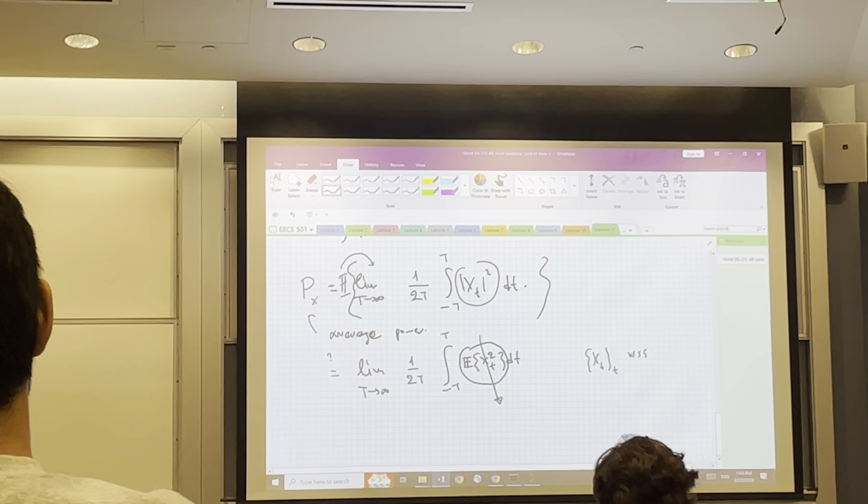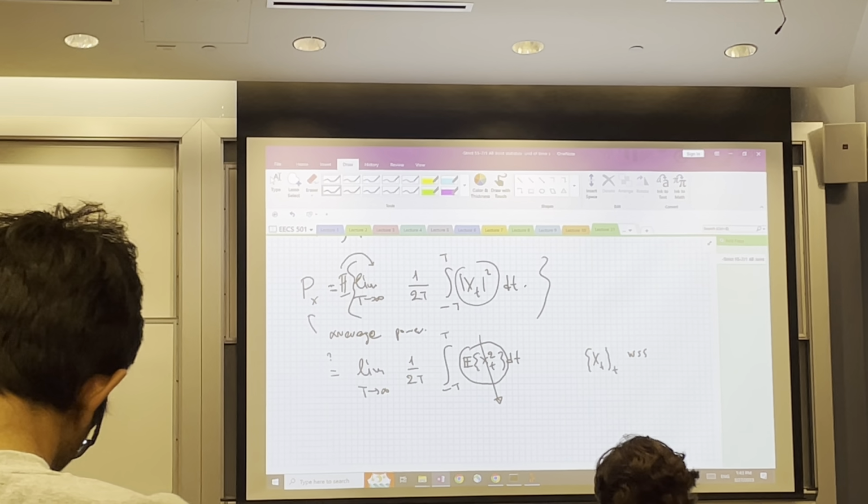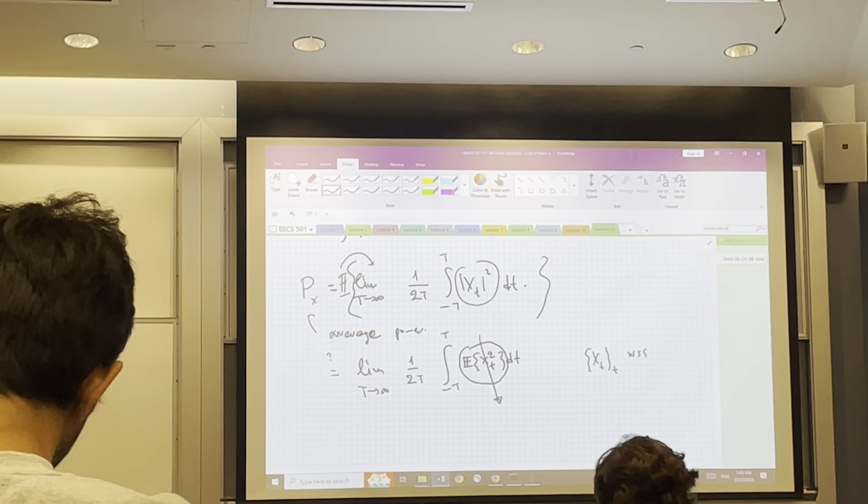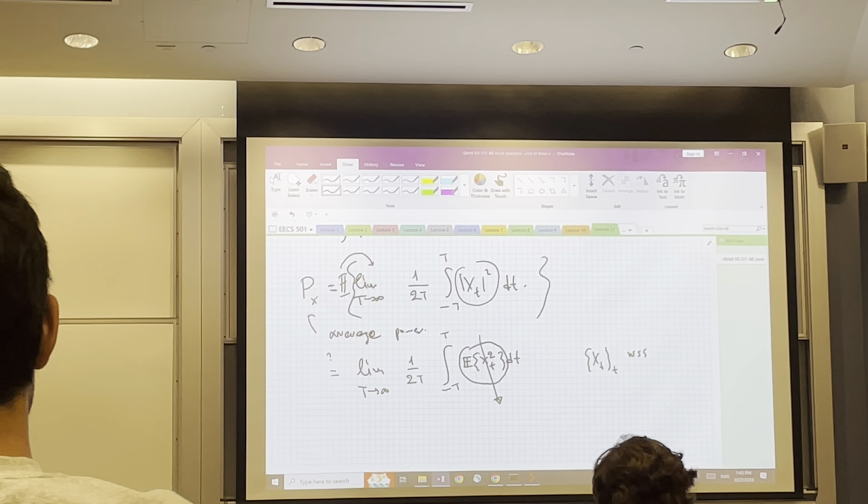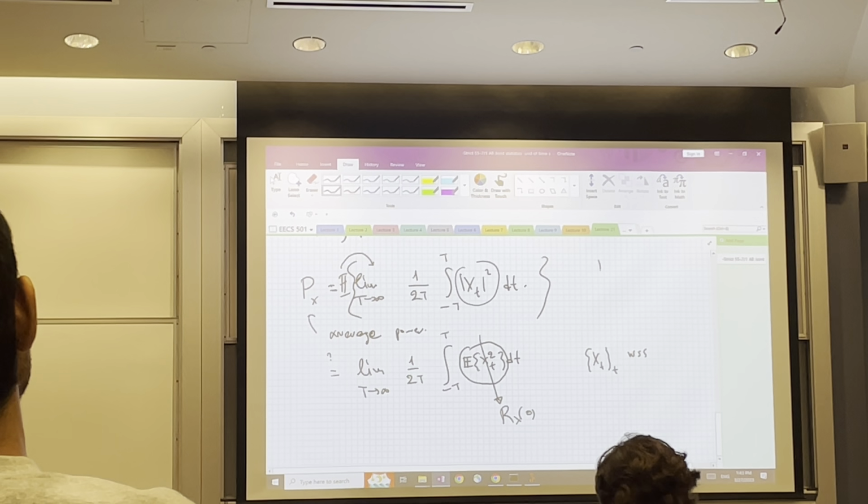What is the mean of x of t squared in terms of the autocorrelation function? Would that just be Rx of 0? Rx of 0, of course. Recall, Rx of tau is the mean of x of t plus tau times x of t. See, t doesn't matter here.